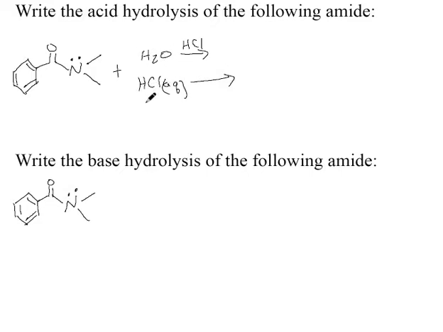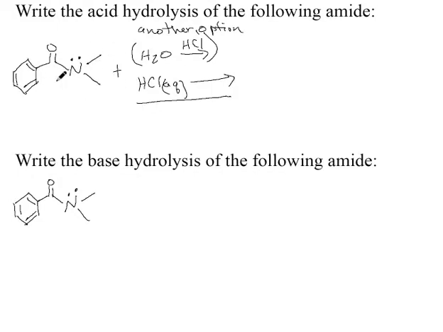Most of the time I'm going to write it in this lower fashion, so this would be just another option. But this is the main way that it'll be written.